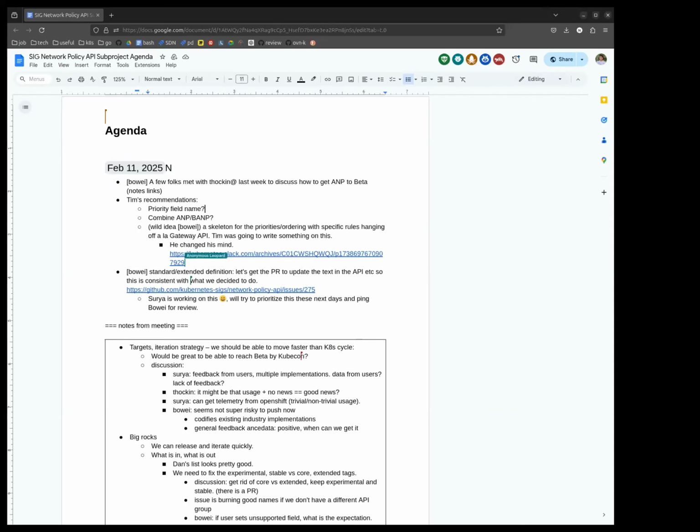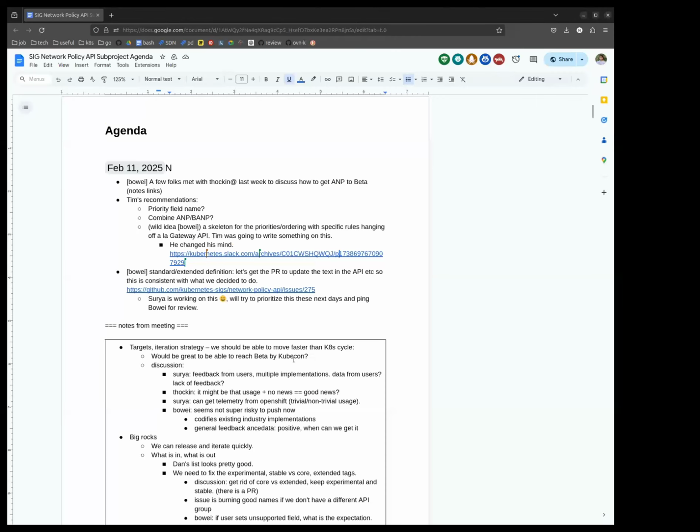And then I think on Slack he turned around and said he didn't think it was a good idea. I think it's not a good idea. I think making it too pluggable would, first of all, send us all back to the drawing board, and second, I think you could have quite a lot of network policies, and making them super pluggable is going to make them very verbose and awkward to build, with lots of cross-referencing.